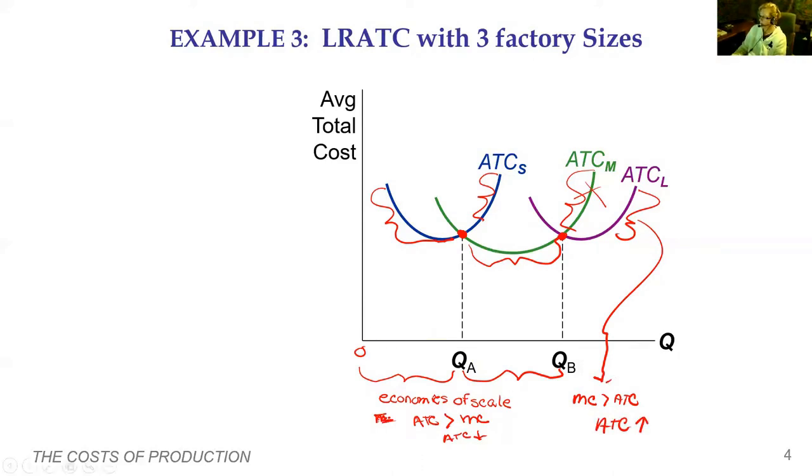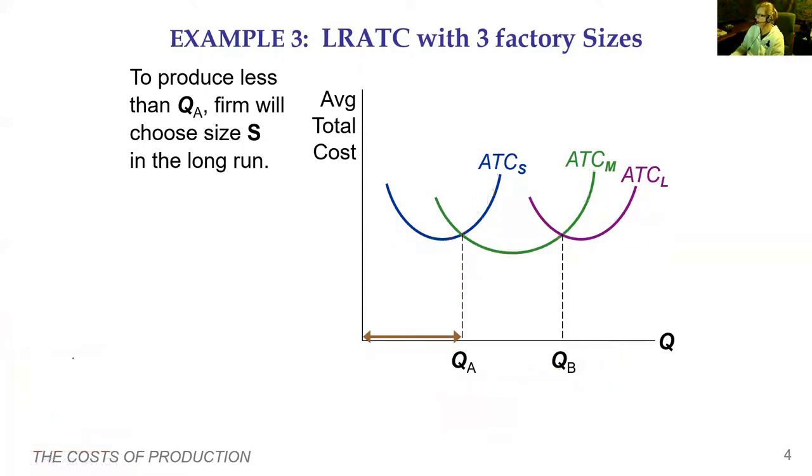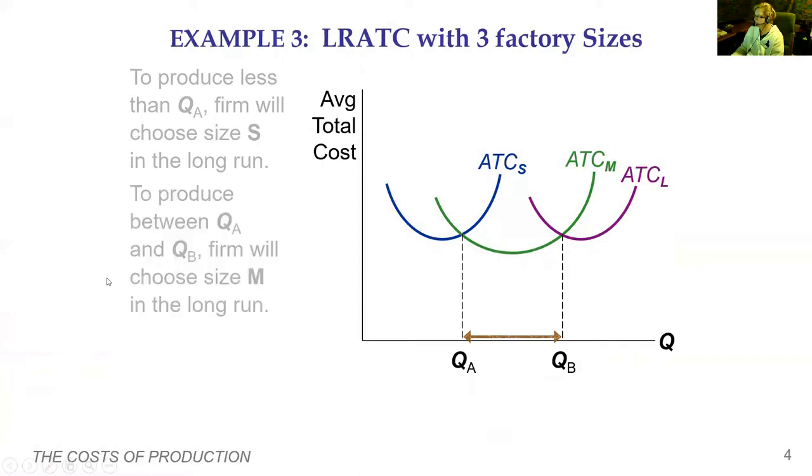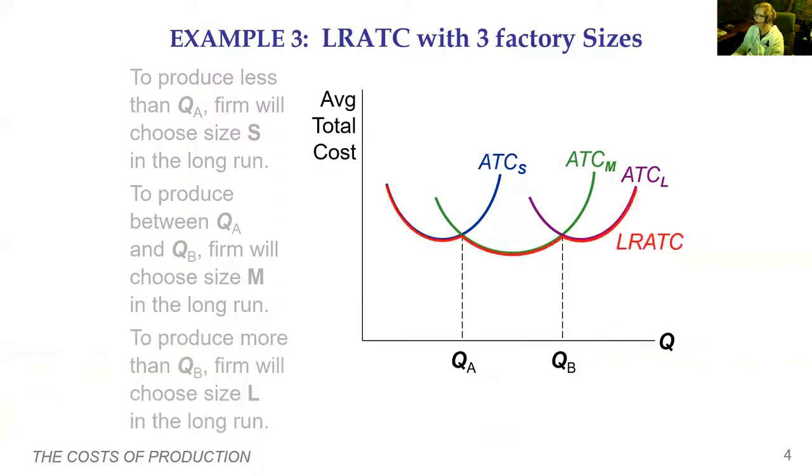Okay, let me go ahead and erase all the ink I have on the slide to just make sure you all understand it. So why do we change factory sizes when we change factory sizes? It's because we want to reap economies of scale. Notice if we take all the portions of economies of scale, we'll end up with a long run average total cost curve.